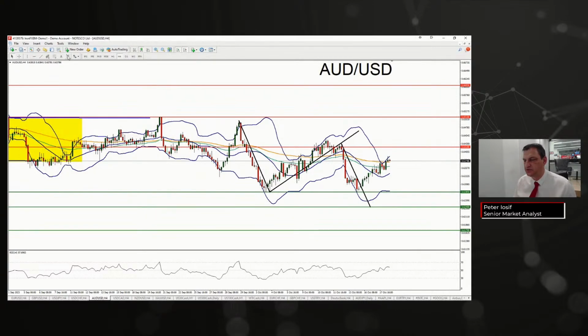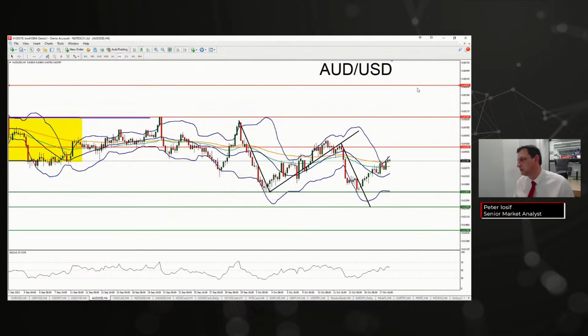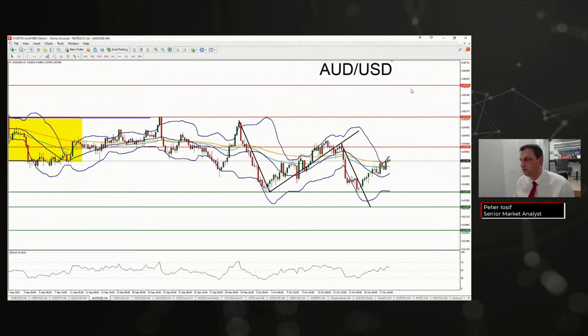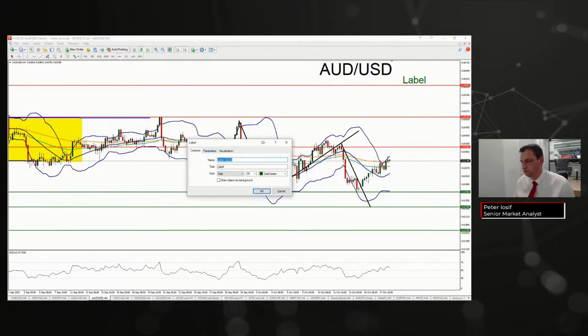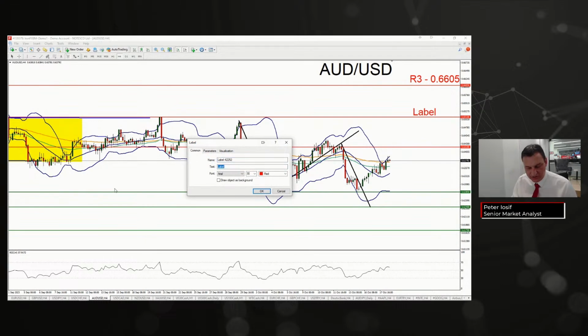Okay, let's add some labels, starting with the 0.6605. 0.6510 is the second resistance line.